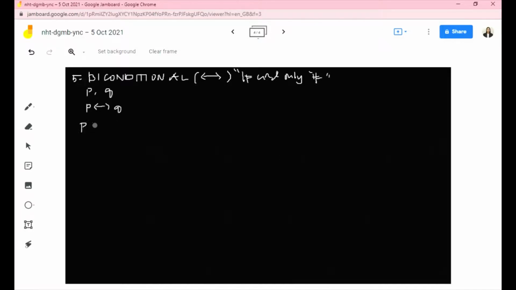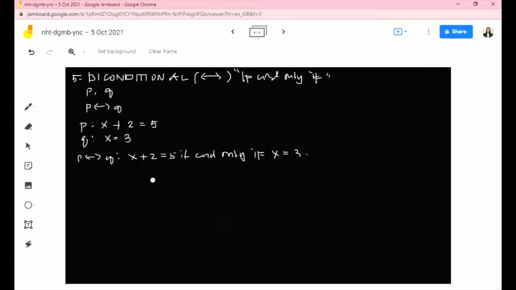Now suppose that my statement P will be x plus 2 is equal to 5, and my statement Q will be the statement x is equal to 3. So my biconditional statement P if and only if Q will be x plus 2 equals 5 if and only if x is equal to 3.